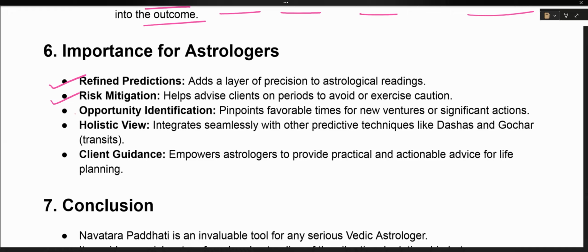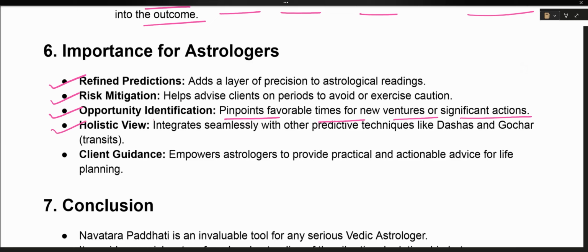Sometimes different kinds of laws or rules apply to the same person, and you are confused about which one will happen. Then you can use this Navatara Paddhati. Opportunity identification: pinpoint the favorable times for new ventures or significant actions during the transit in a good nakshatra. Avoid the 3rd, 5th and 7th nakshatra, and act accordingly.